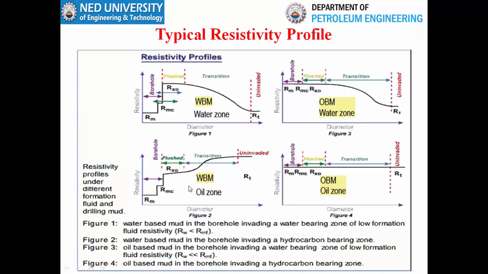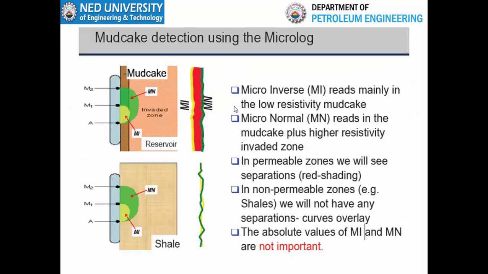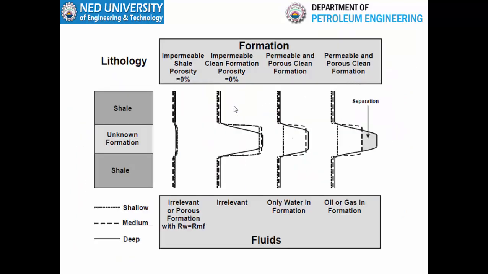So it is possible that this zone contains hydrocarbon, and if the shallow has high resistivity and the deep has low resistivity, it indicates that this zone is a water zone, and this is based on the fact that we know the resistivity of the mud.